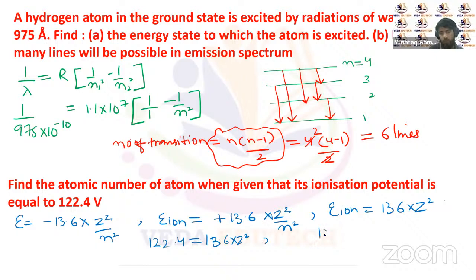From here, 122.4 upon 13.6, we take the root of this and we get the value of Z. So Z will be the atomic number. Approximately, the atomic number for this atom should be equal to 3.